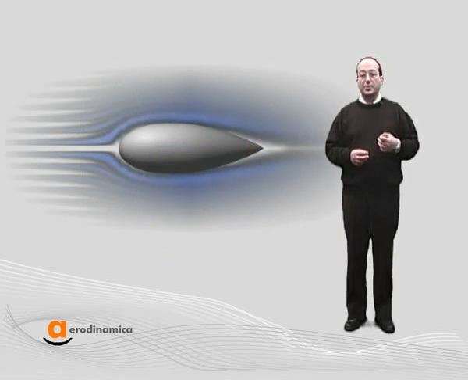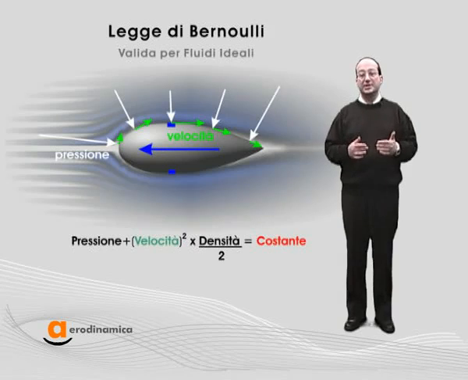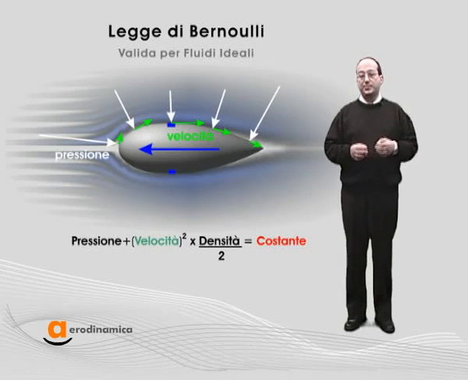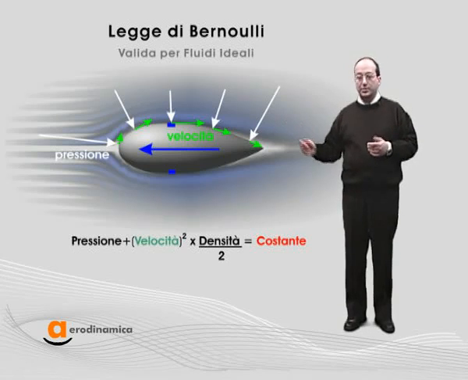In order to understand the genesis of the drag due to pressure in the case of a viscous fluid, we have to consider the relation between the speed of the fluid and the pressure. For an ideal fluid, the pressure is directly related to the speed of the fluid according to Bernoulli's law. As the speed of the fluid increases, the pressure decreases, and vice versa, as you can see on the figure.